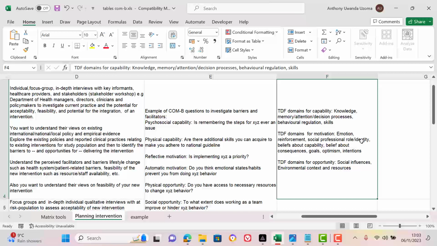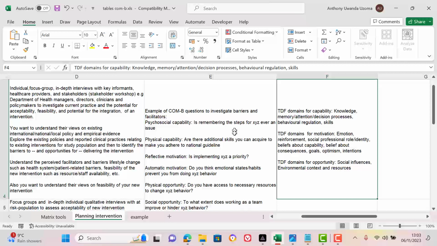Then you also have beliefs about the consequences, goals, optimism, and intention. There are questions you can frame around these areas to assess motivation. And then you have the TDF domains for opportunity: social influences and environmental context.